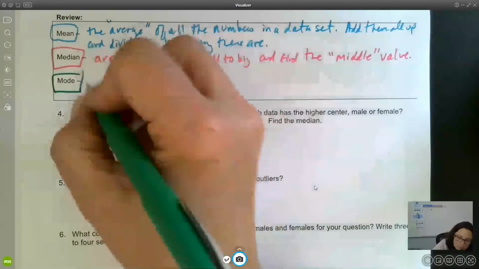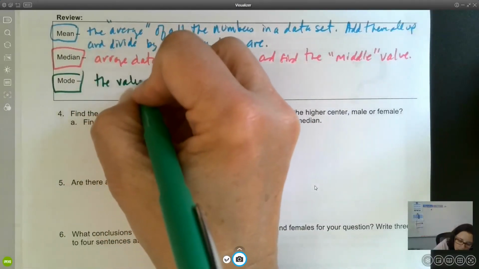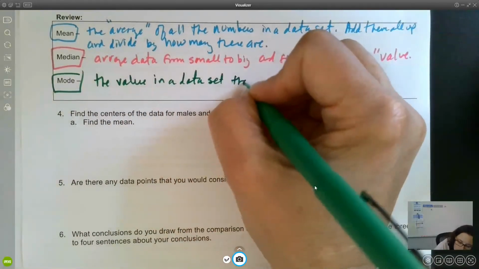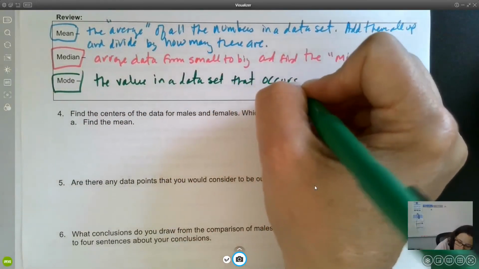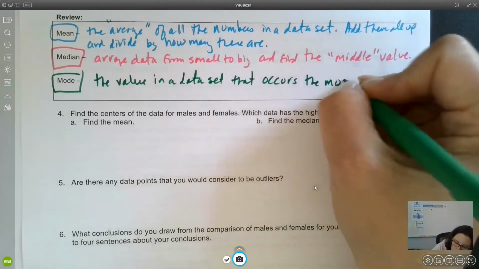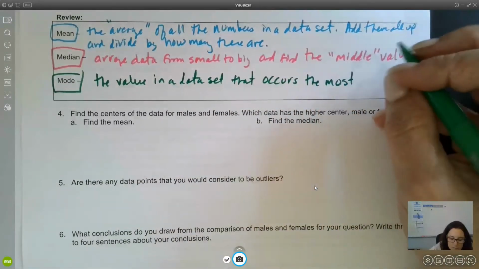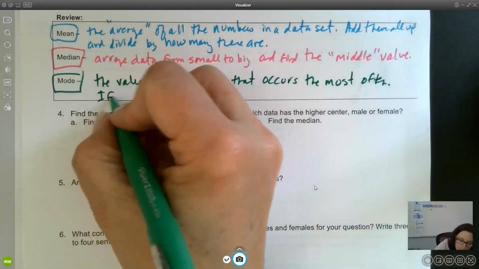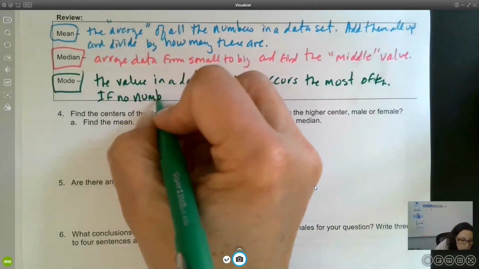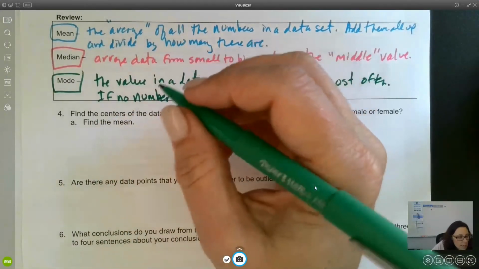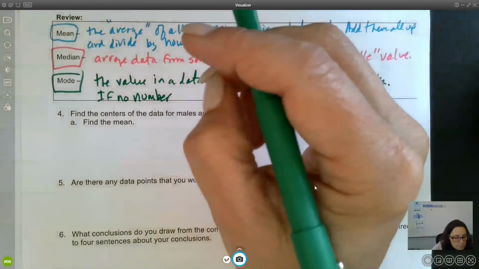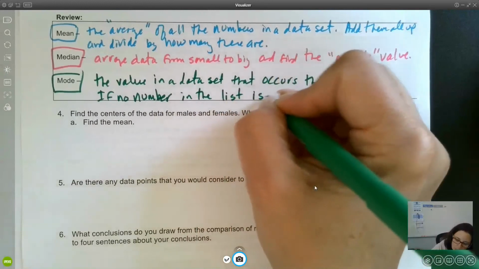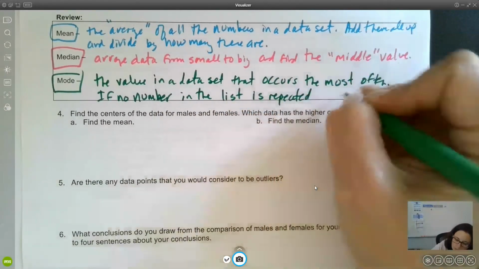Mode: the value in a data set that occurs the most often. If no number in the list is repeated, then there is no mode.